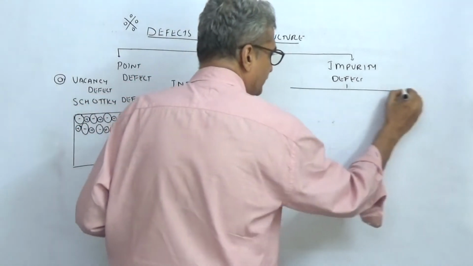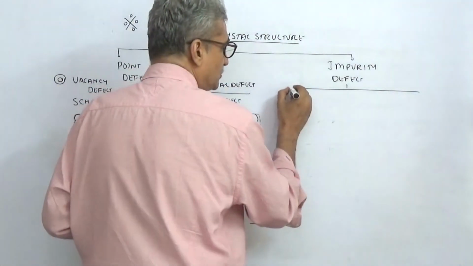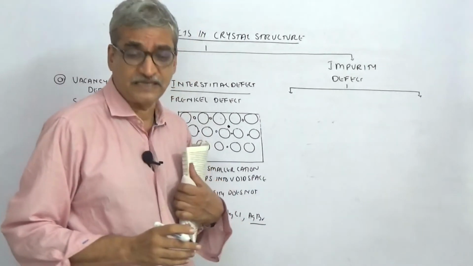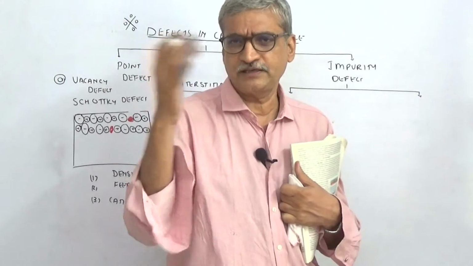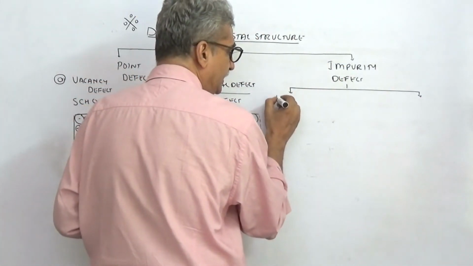So they are of two types. They ask a short note on this. And this we will be discussing in great detail in a chapter called D block elements also. So there we will see the types, examples and all that. So we have impurity interstitial defect.